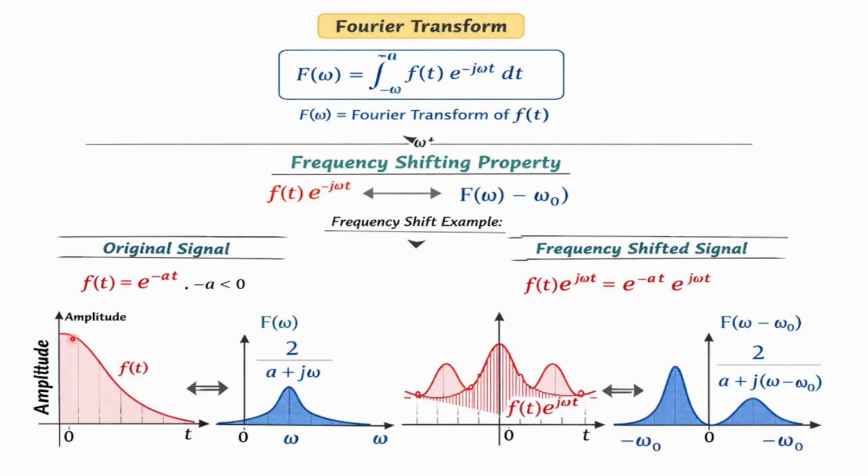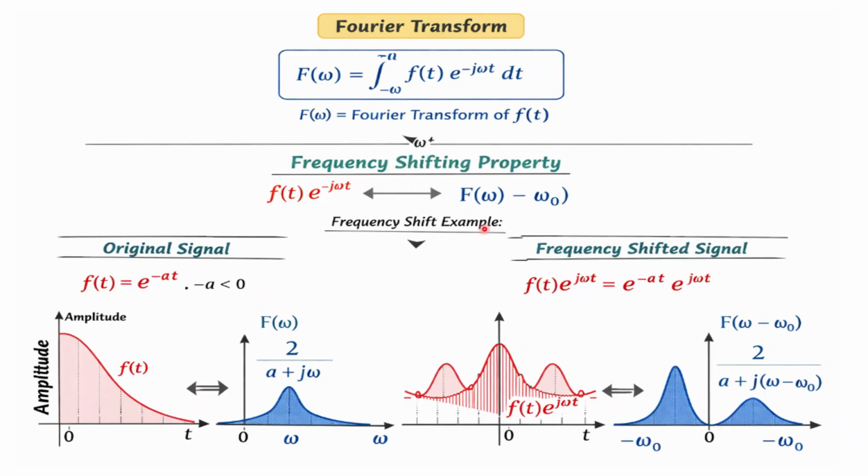So for example, here is your f(t), something like an exponential, and F(omega) will be, how much? You can put f(t) equal to e to the power minus at here and get the values here. So this will be your F(omega), that is the Fourier transform of this function. Now you can again shift it in the frequency domain by multiplying f(t) with the exponential of j omega t.